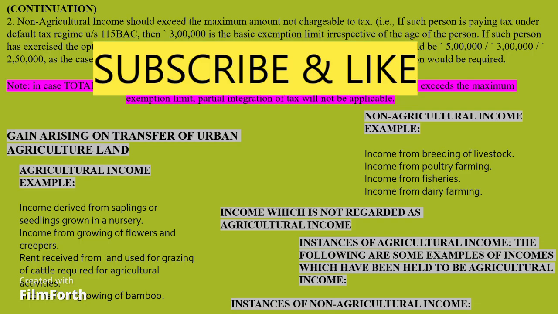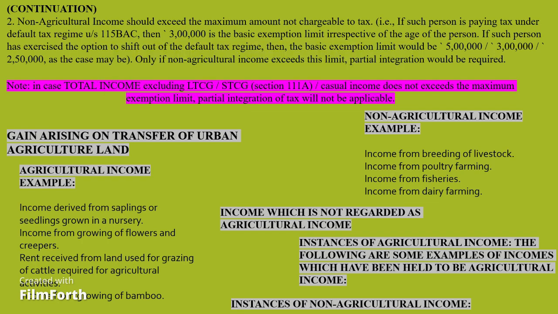For better understanding of the concept, certain examples of agricultural income and non-agricultural income are given below. Instances of agricultural income. The following are some examples of incomes which have been held to be agricultural income. Profit on sale of crops after harvest, made by cultivator or receiver of rent in kind.